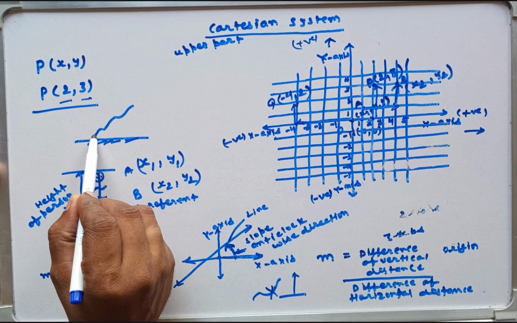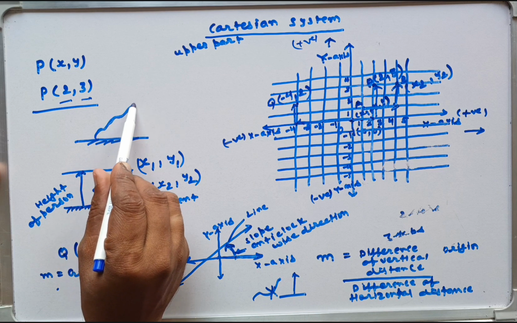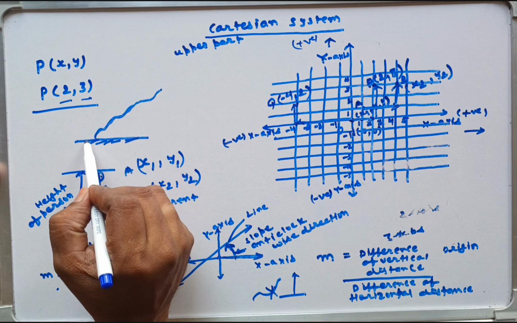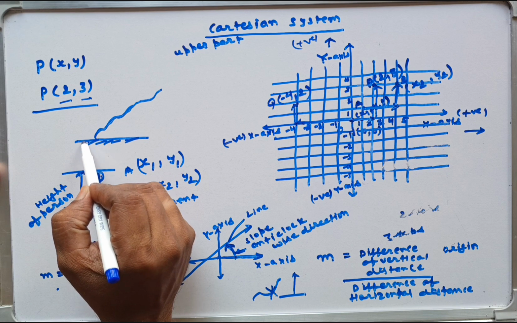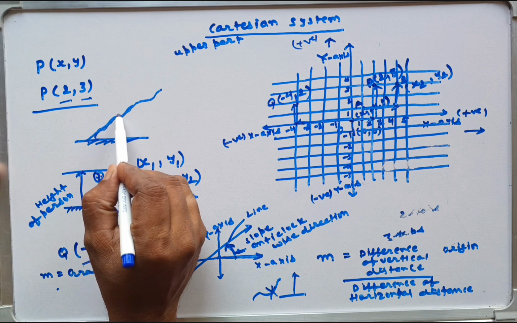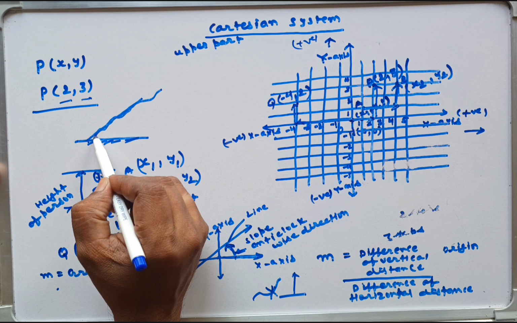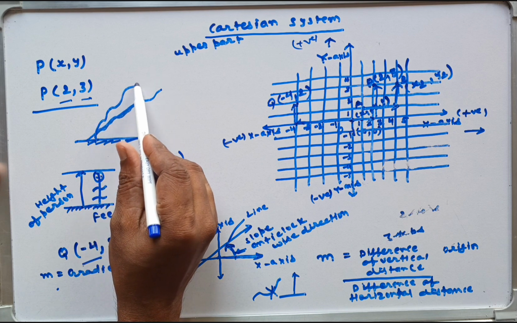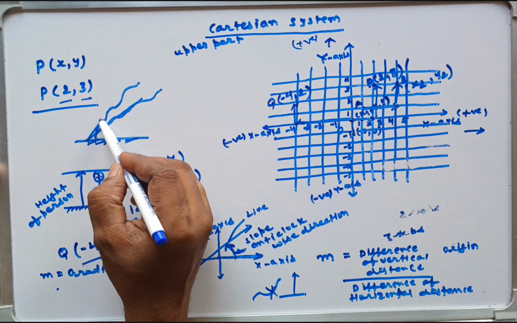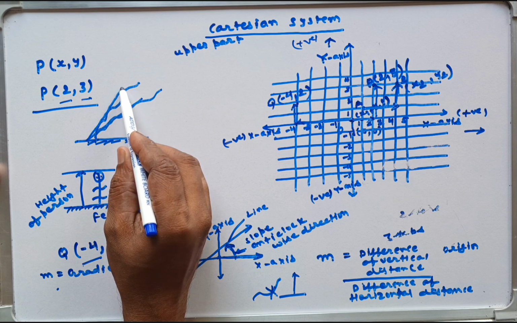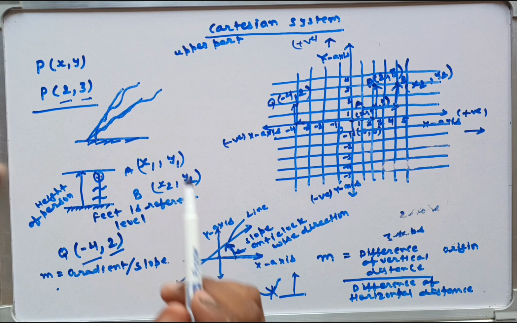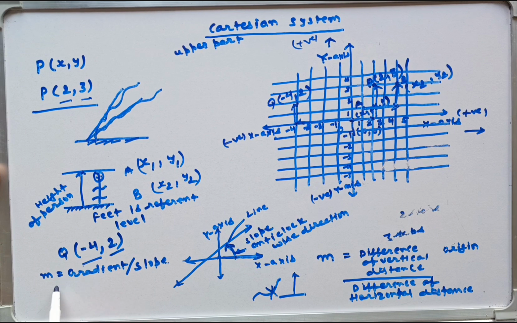See here, this will give you a steepness, meaning making some slope from this one. Suppose this hilly area is like this, so steepness increases. So guys, when the value of m is more, then steepness is more.